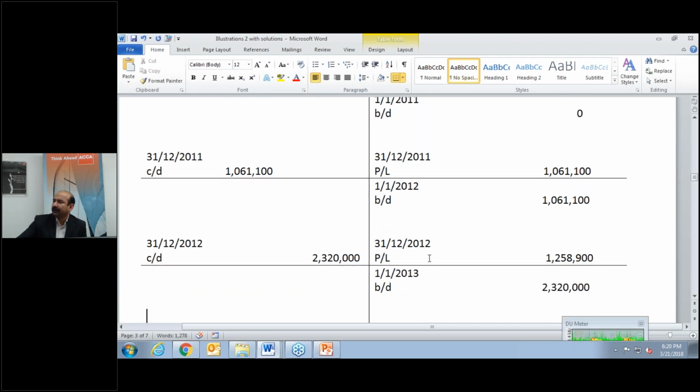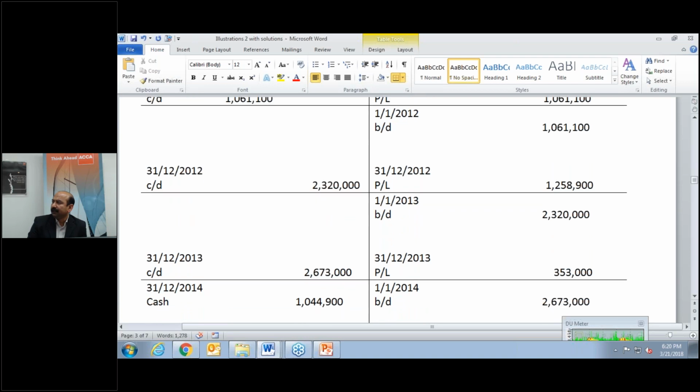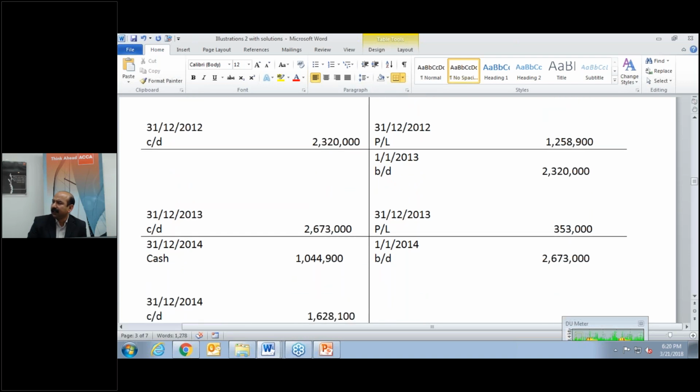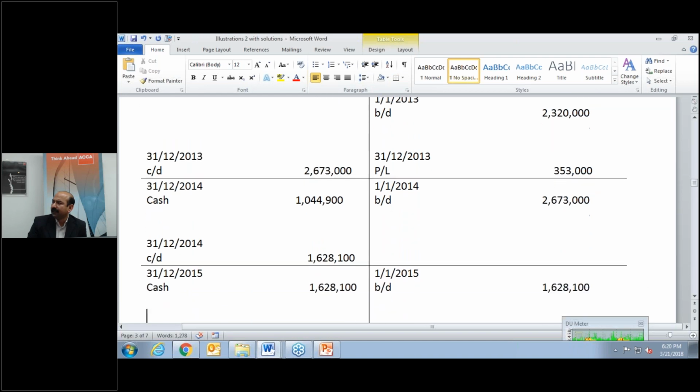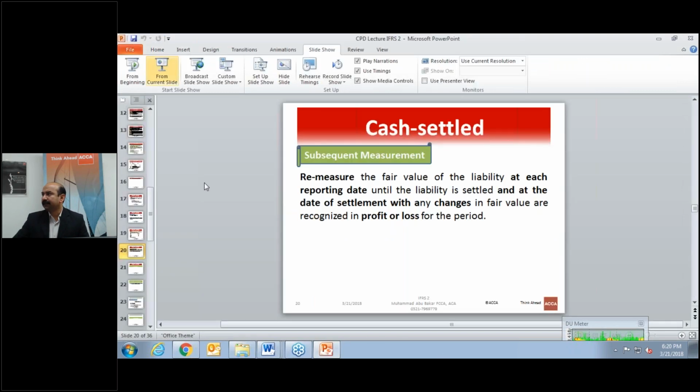Profit and loss account, we are charging it as an expense, and then in 2013 you can see that it is further building up, but thereafter it started decreasing, and by the end of 2015 it is reduced to zero. When you look at the recording, this will be explained to a further extent. Okay, now let's move further.